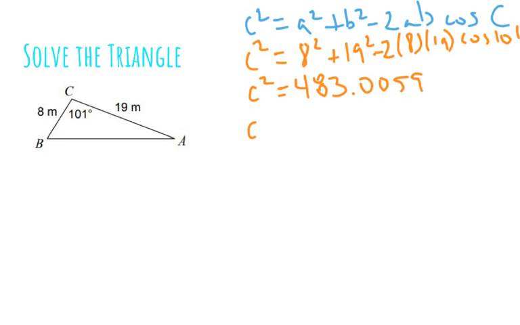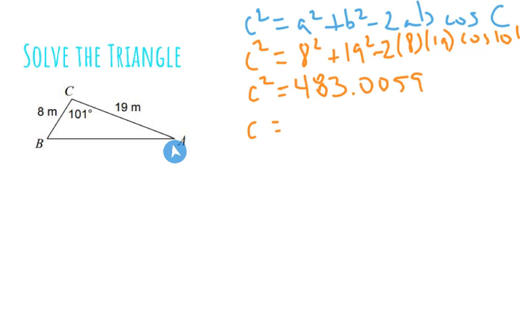Technically, when I take the square root, I'm going to get a positive and a negative number, right? Anytime you take the square root of a number, like 483, you get a positive and a negative value. But I just want the positive value because I'm talking about an actual length, and I can't have a negative length.